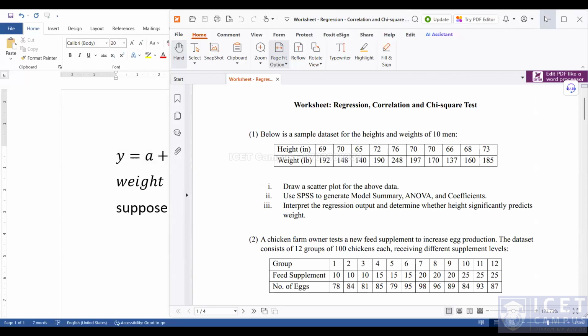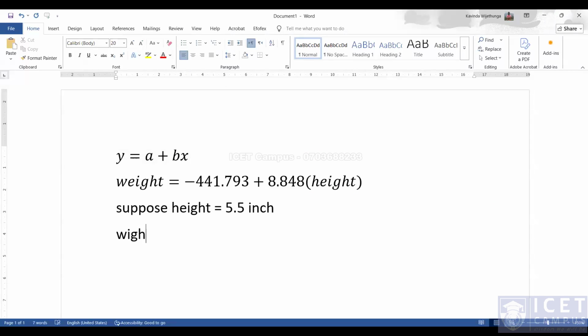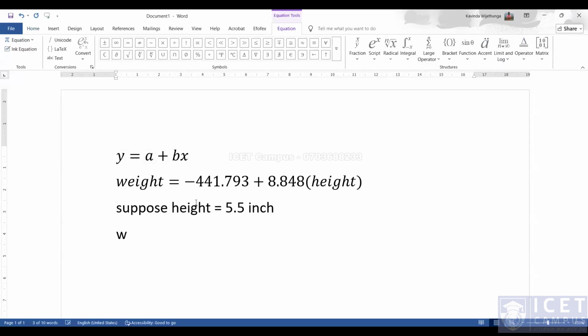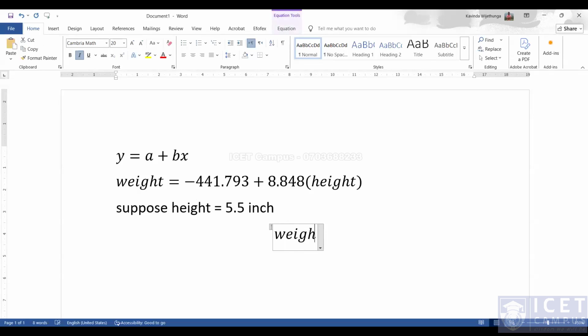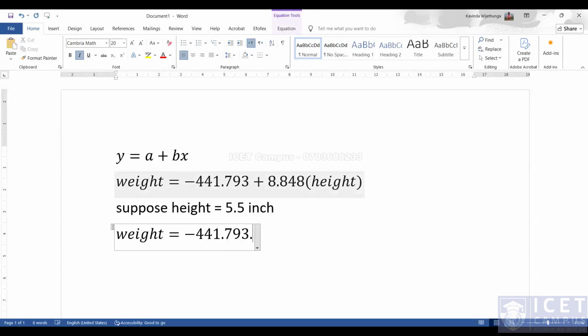So then we can find the weight. Weight equals negative 441.793 plus 8.848 times the height, now 5.5.